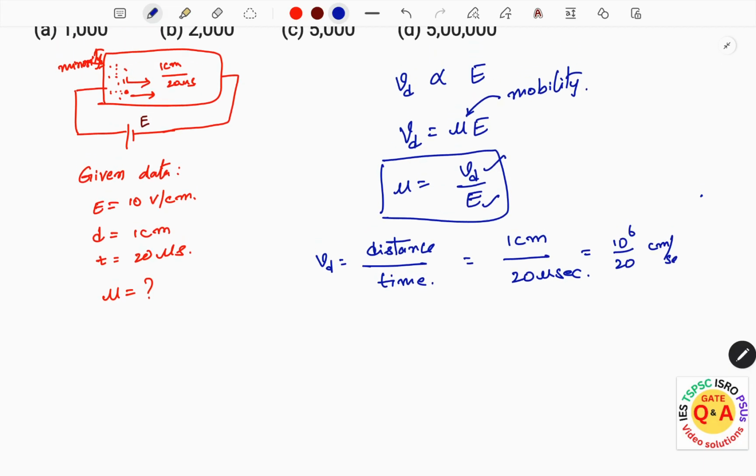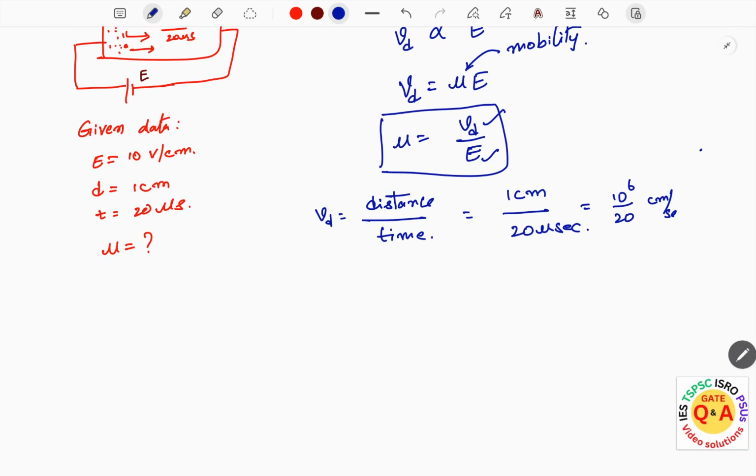Now substitute this drift velocity in the formula. Then mobility is equal to drift velocity by electric field, that is 10 power 6 by 20 into 1 by 10, in centimeter per second over volt per centimeter.